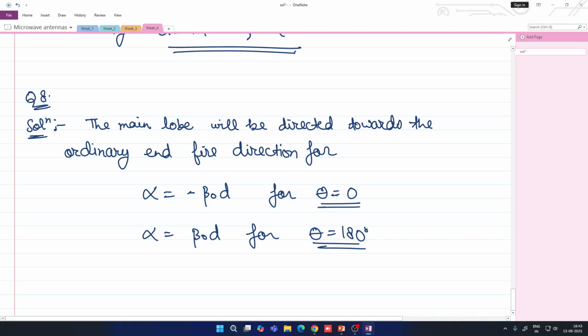These two are the only possibilities in case you want the array factor to be along the antenna array axis. So theta can be either 0 or 180 degrees. When theta is 0, alpha, the phase difference, should be minus beta naught d, and when it is 180 degrees the phase difference should be beta naught d.